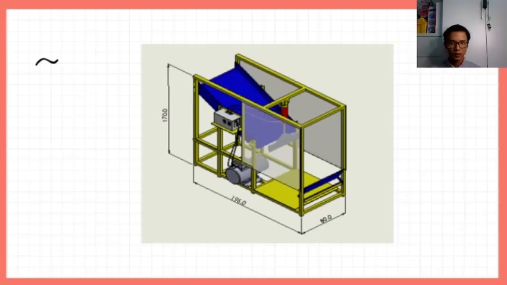So we made a calculation about the height of the actual sugarcane platform, which is the slide. The height of the slide is around 147 centimeters.